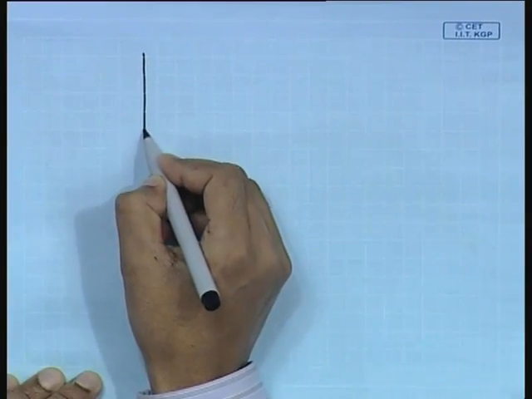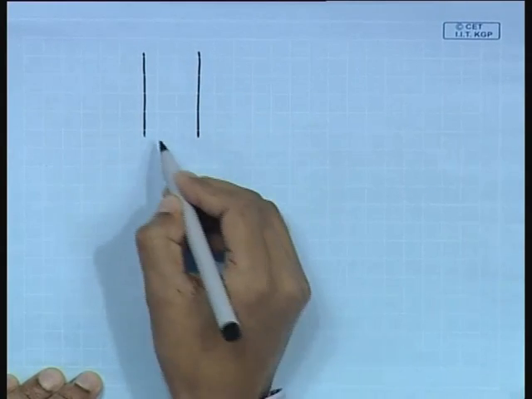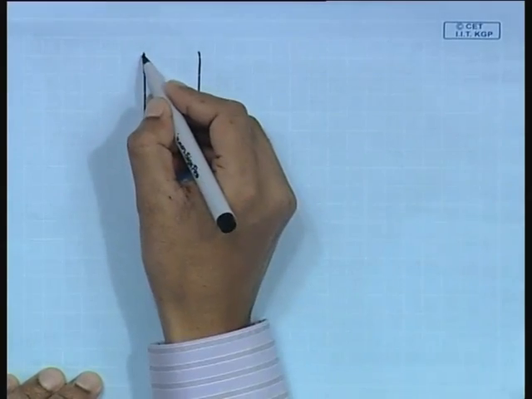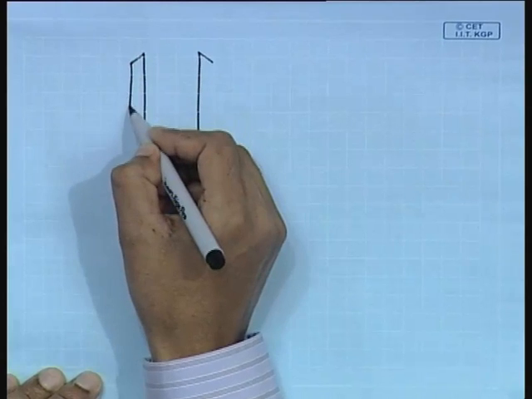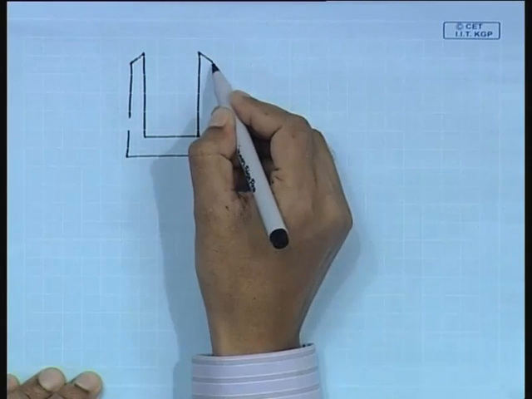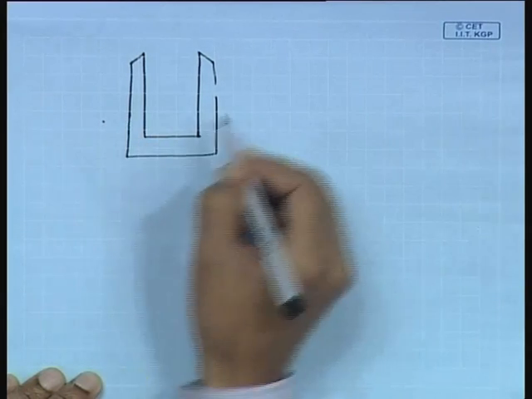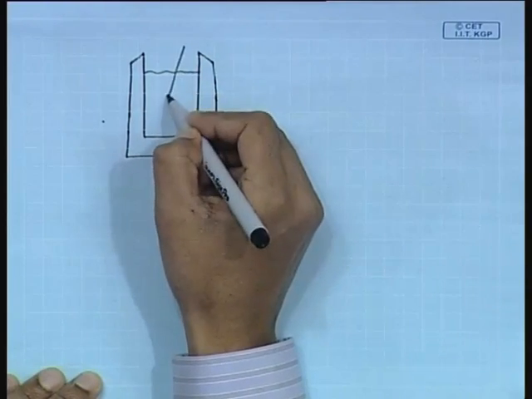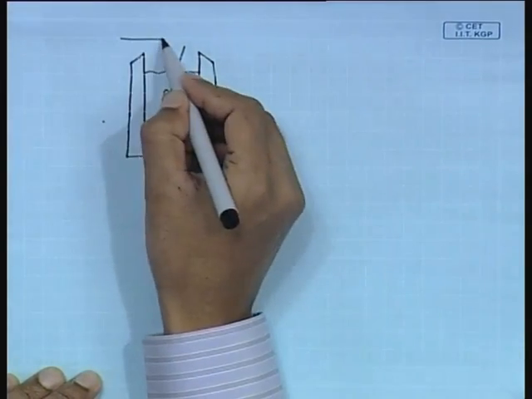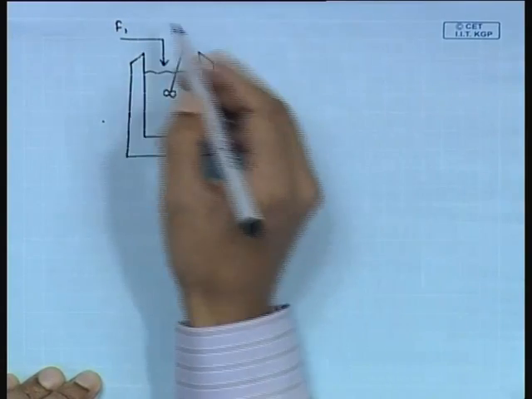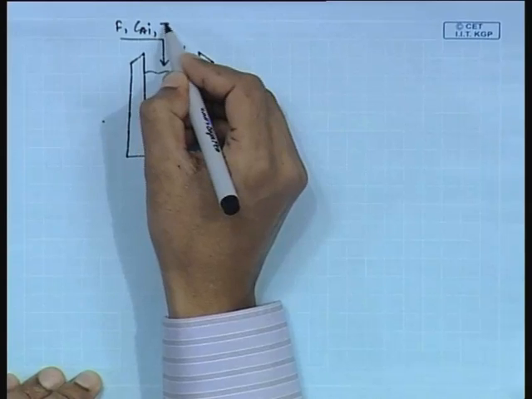Now, we will configure the simple feedback control scheme. Inlet flow rate is F, concentration Ci, temperature Ti.